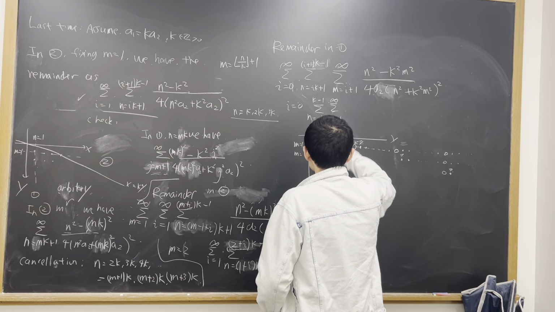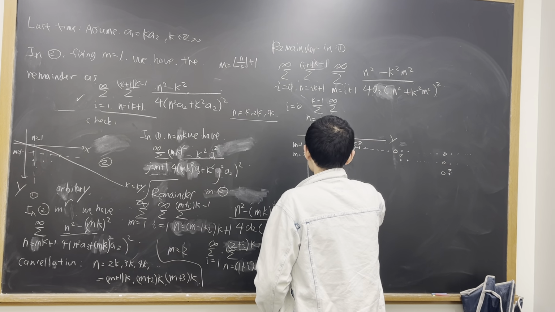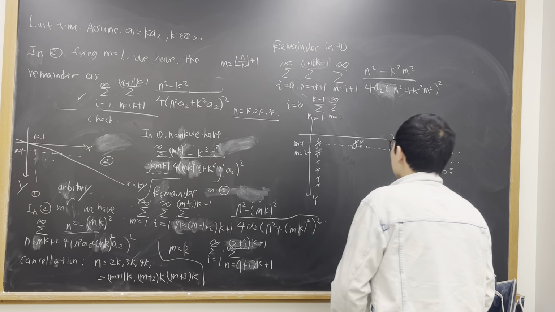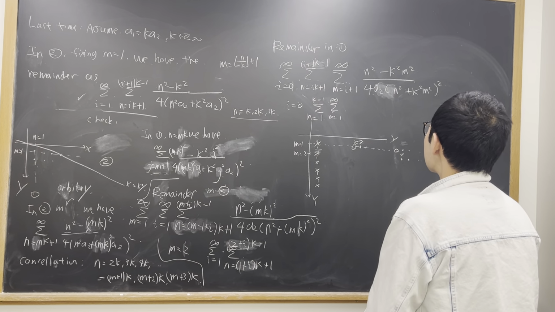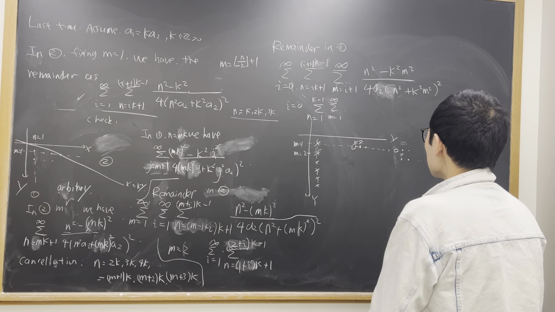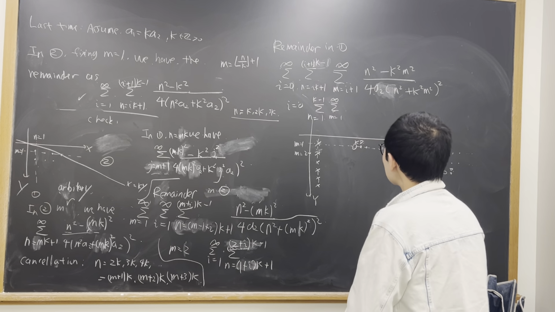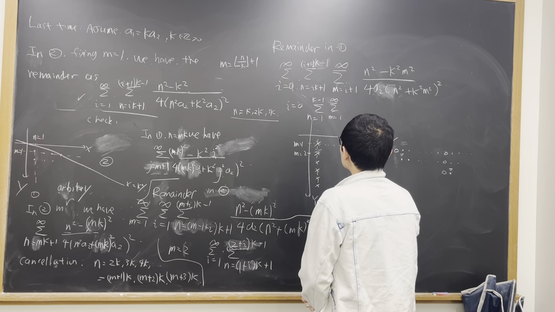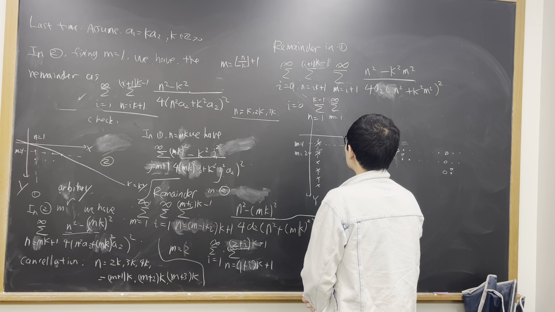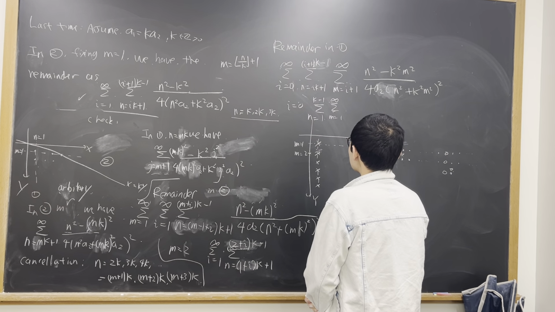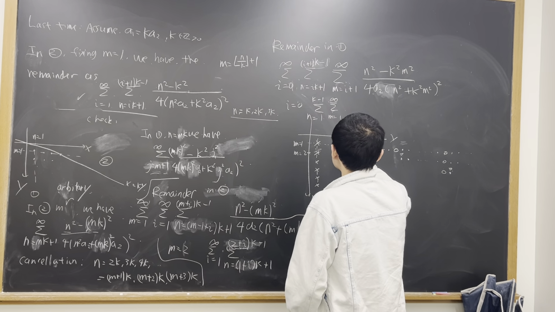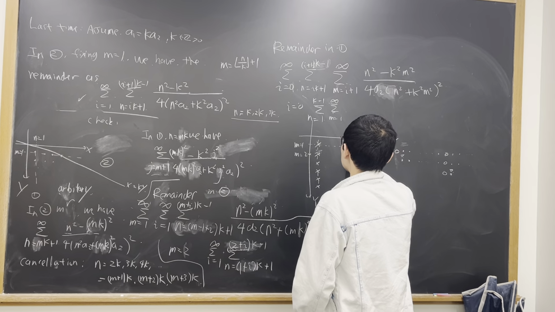So for each n, I know that the m will continue going on. And then this n starts at 1, and it ends at k minus 1.